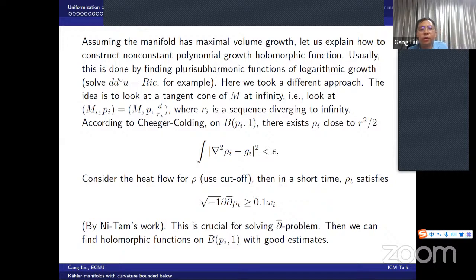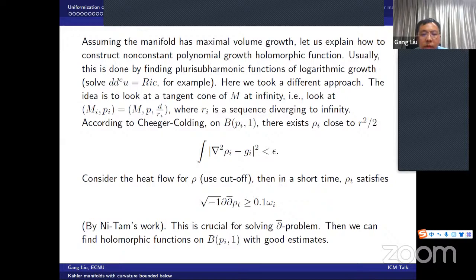Because of the curvature condition, we find that rho_t will immediately satisfy that dd^c of rho_t is strictly positive. This is crucial for solving the d-bar problem.